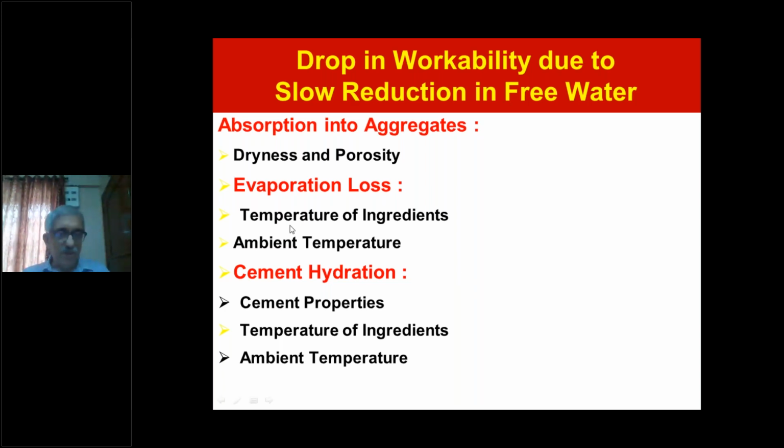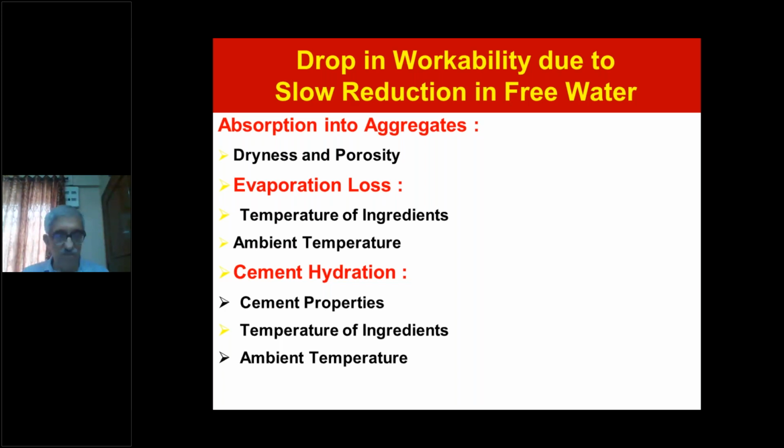If the temperature of the ingredients is high and you put water, of course you can't put water on cement and reduce the temperature because cement will harden. But aggregates at least will have the effect of evaporation while the transit mixer is under transit, so the temperature of the aggregates will come down.